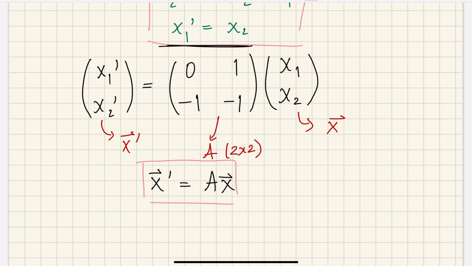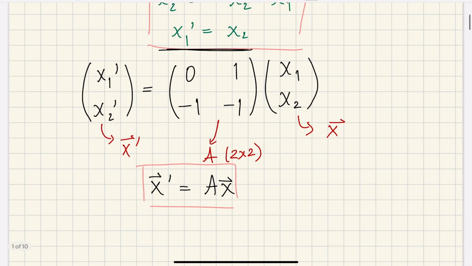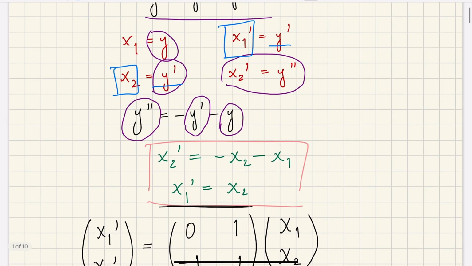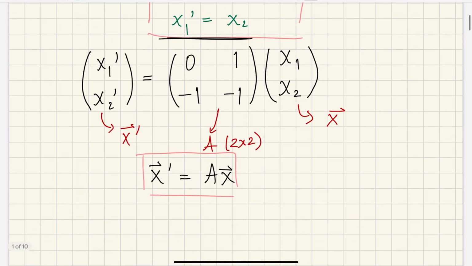Now this is something we can solve using eigenvalues and eigenvectors. Remember we introduced 2 new variables, x1 and x2. So that means when we solve this thing, we should get 2 solutions.